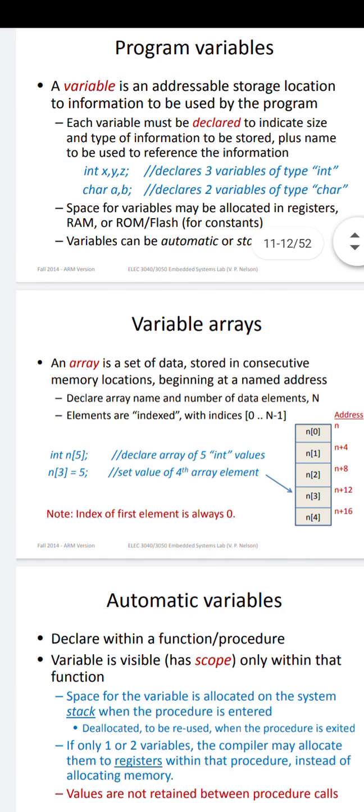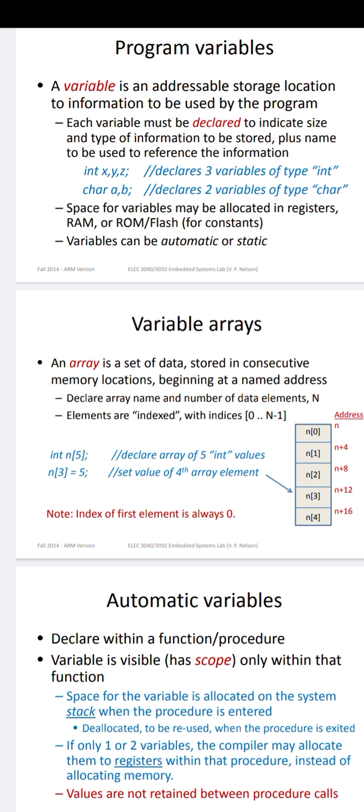Then next are variable arrays, written with square brackets. An array is a set of data stored in memory locations, with a name and address; you declare the array name and the number of data elements. Elements are indexed with values from 0 to n minus 1.